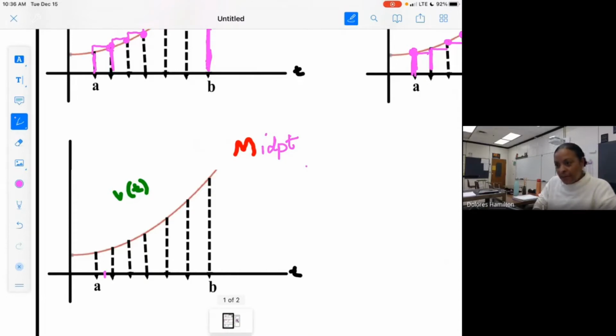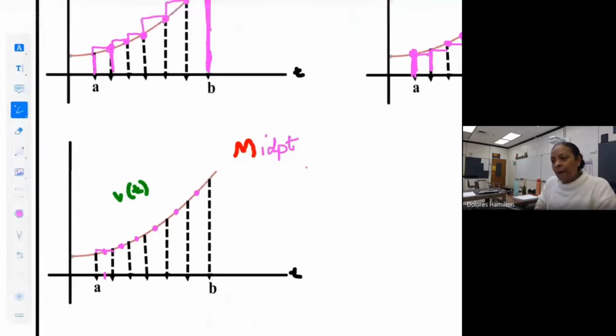But that's the midpoint of that first rectangle, so I'm going to use its corresponding height. It looks like that. And I'm going to repeat that process and find the height of every corresponding midpoint and use that to be the height of each rectangle. So it would look like this. And that would be our midpoint approximation.